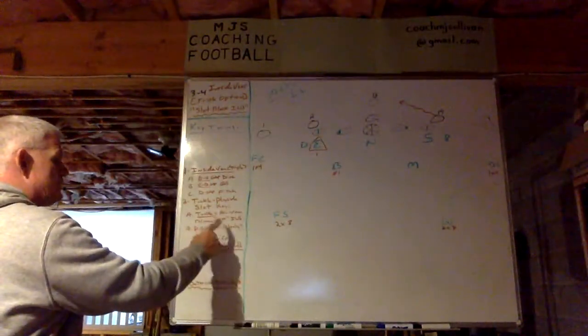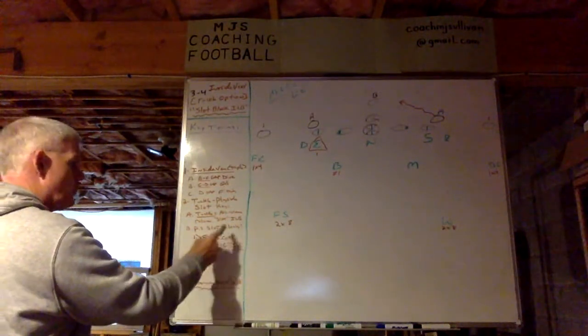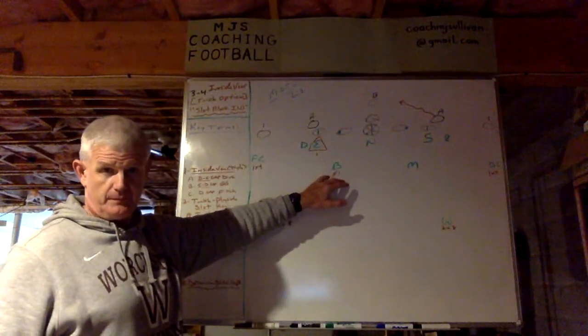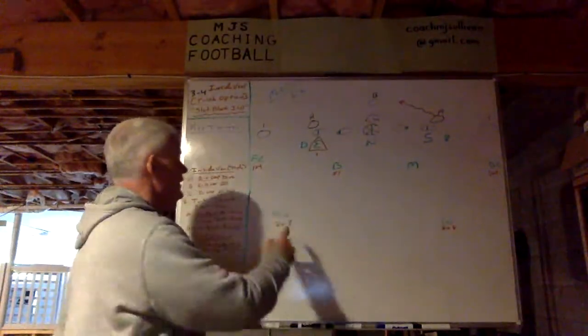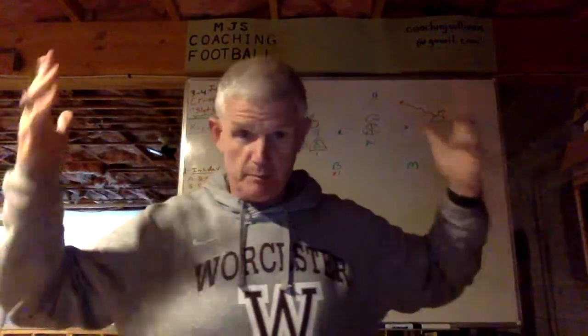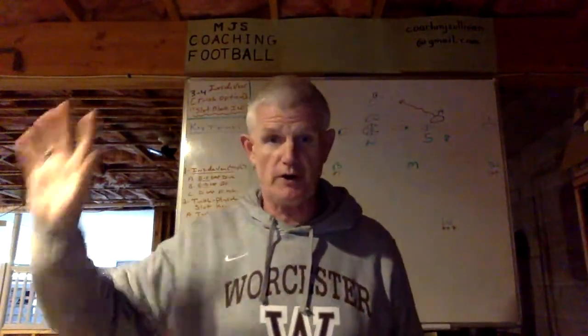And then the play side slot block itself is he's either going to seal or cut the play side inside linebacker. Then I'll show you who that leaves on our perimeter and who they're asking in the secondary to be the guy to come down and make a big play in space on the pitch, assuming the ball gets pitched.